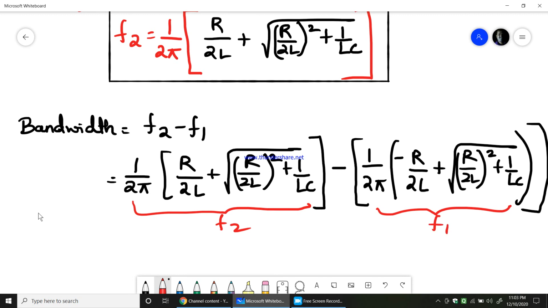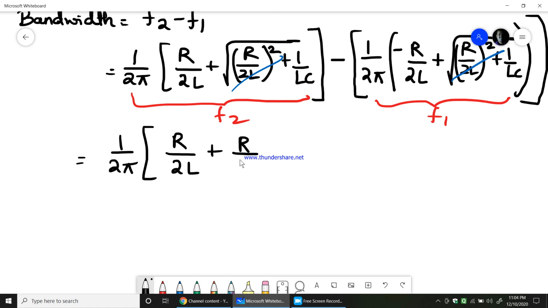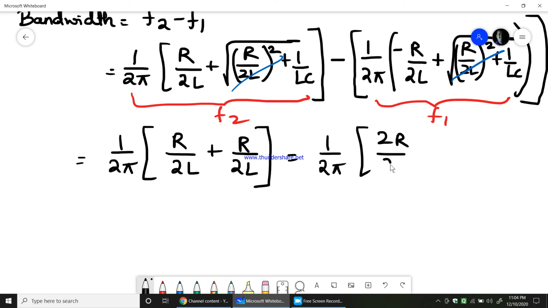Therefore, when I subtract, this term and this term will get cancelled. I will be left with 1 by 2 pi times r by 2l plus r by 2l, which is equal to 1 by 2 pi into 2r by 2l.